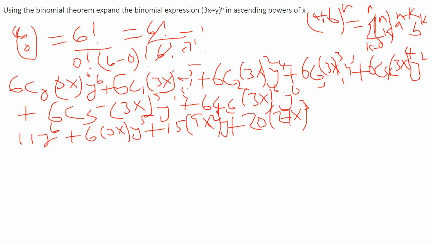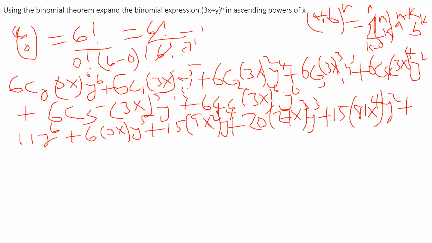Then here we have, so here was y raised to power 4, so here we have y raised to power 3, then plus 6 combination 4 becomes 15. Then we have 3 raised to power 4 becomes 81, x raised to power 4.